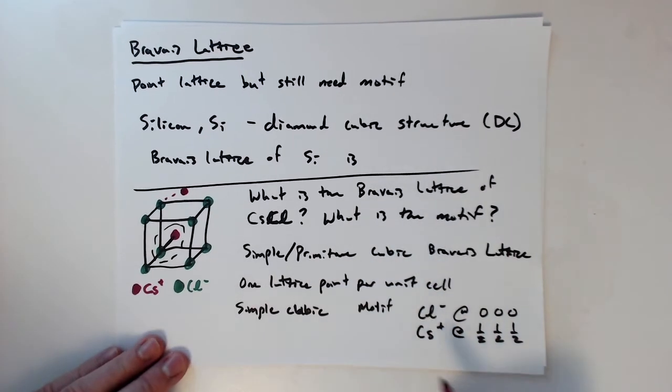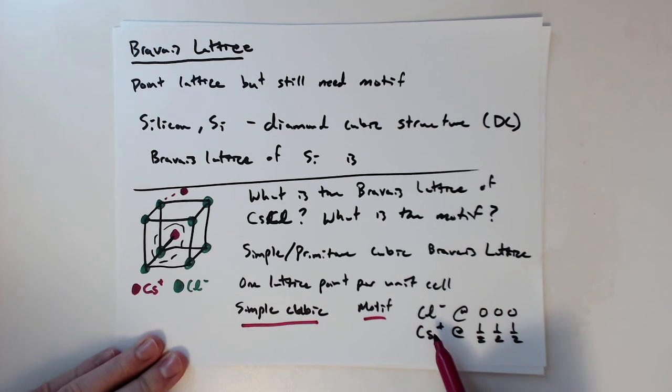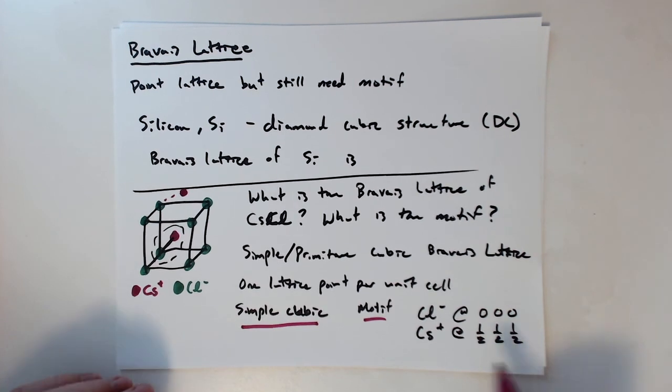So this, just to go over, is a simple cubic Bravais lattice with a motif that has 2 ions per point, one of them chlorine at the vertices, represented by the origin in this case, and then a cesium ion associated with each point at a 1/2, 1/2, 1/2 vector away from the origin, right?